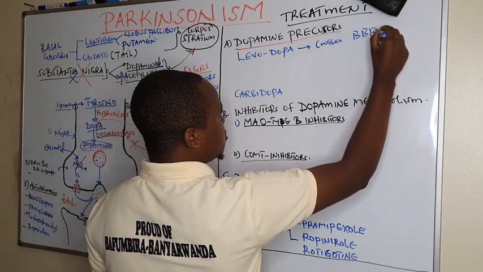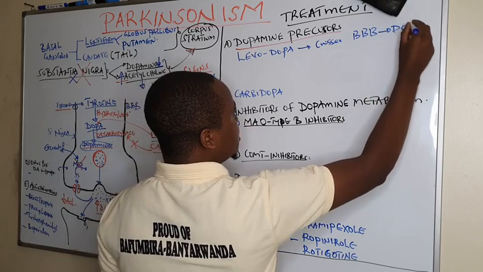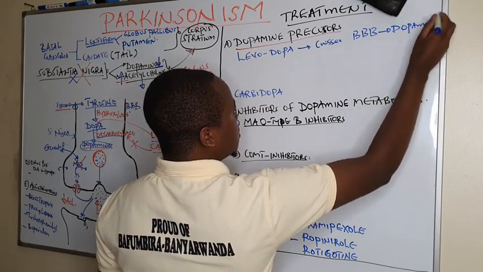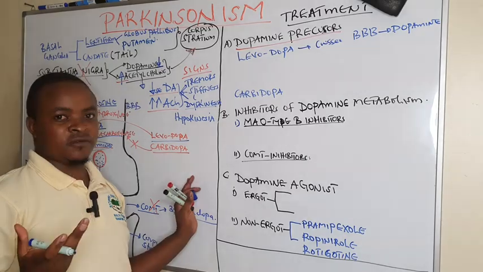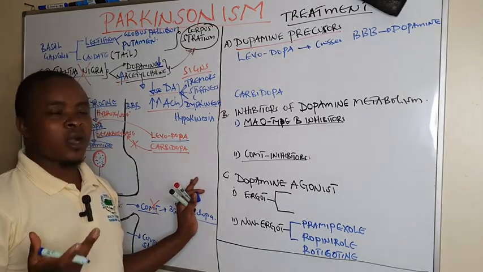But this levodopa, which crosses the blood-brain barrier and is used as a precursor for formation of dopamine, is not effective when used alone. Why?